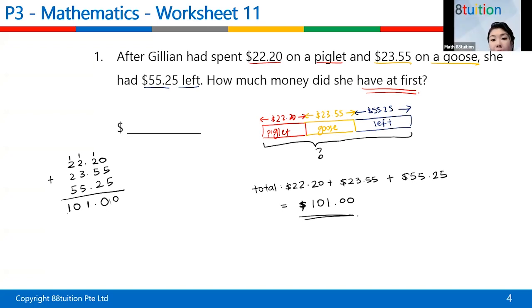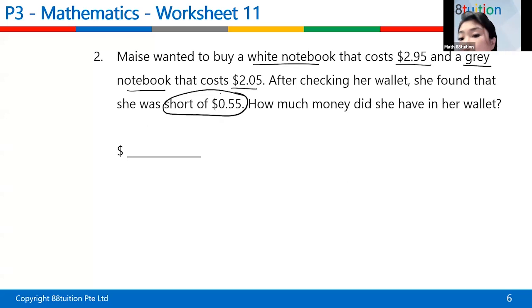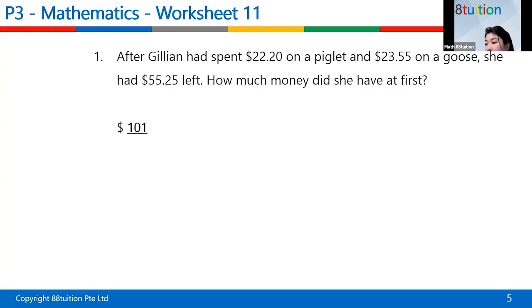Are we ready? Yes. Okay. So take a while to look at this question. We have a white notebook. We have a gray notebook. She is now not left, she is short of 55 cents. So how much money does she have? The model is going to look slightly different from this one, just slightly.